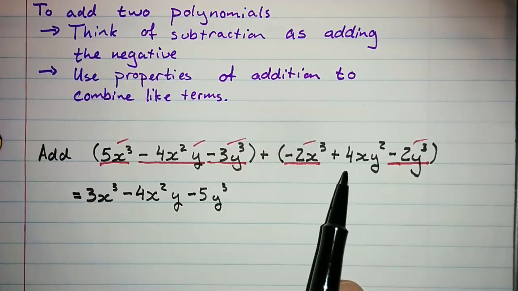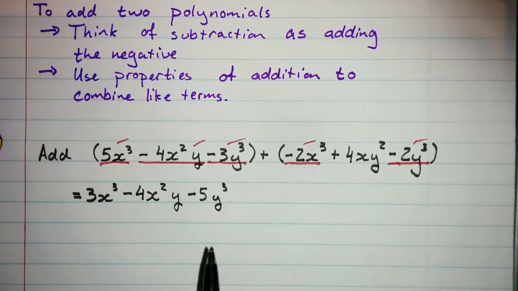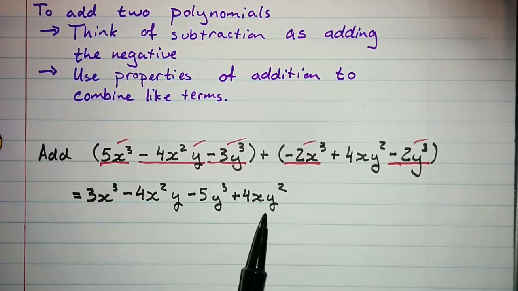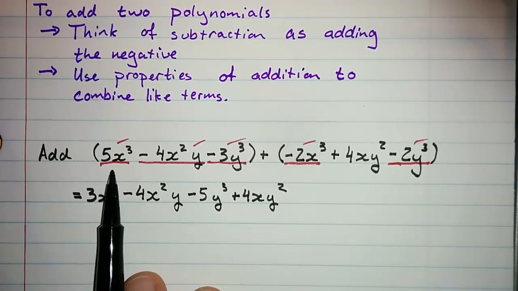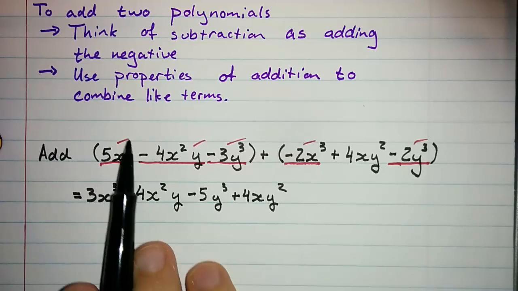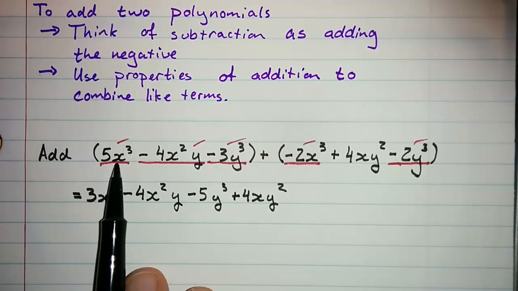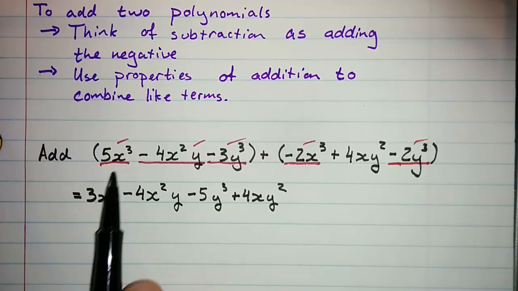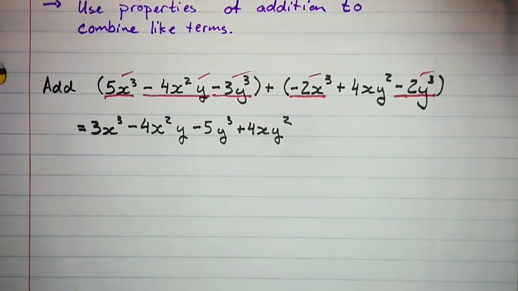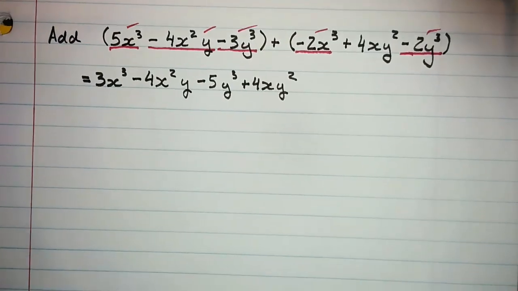Now over here in the other polynomial I see a plus 4xy squared, which I will write down this way. And this is typically how we'll keep track when we're adding two polynomials. We'll just go through term by term and see if we can find any other terms like this one to combine it with.